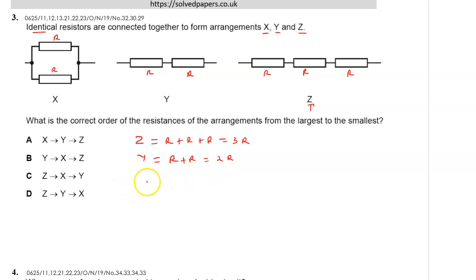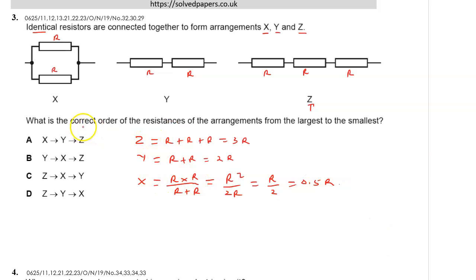And the resistance offered by the two resistors in X, which are in parallel, will be R times R over R plus R. When there are two, you use this equation. So this will be R squared over 2R, and you cancel one R, so this will be 0.5R.